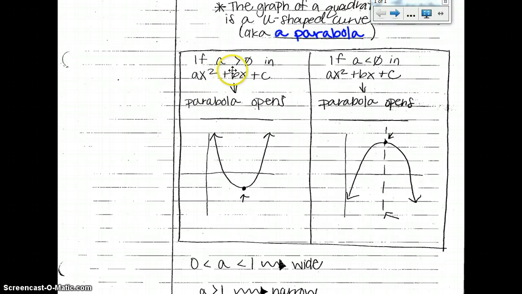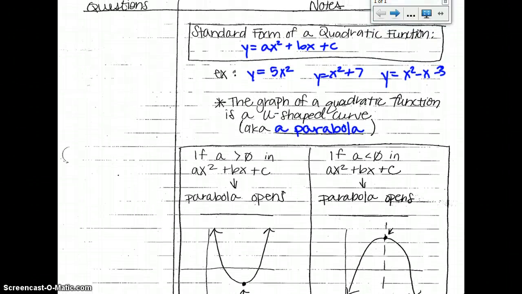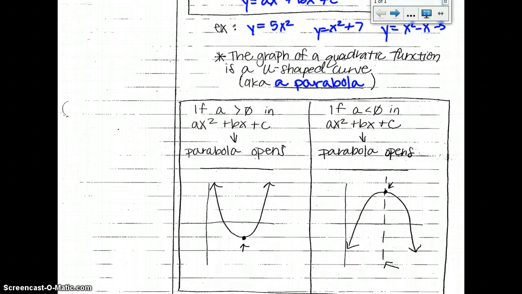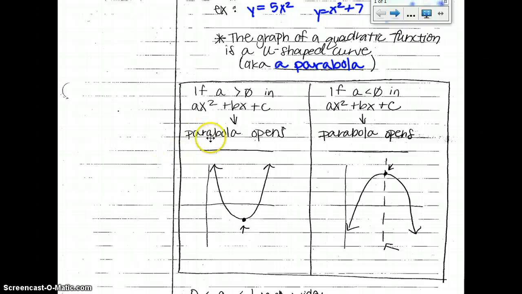Okay, if a is greater than 0, so that means the coefficient of our x squared is greater than 0, then the parabola opens up, or it is upward. It's positive. Now if a is less than 0, then the parabola opens down. Opens downward.